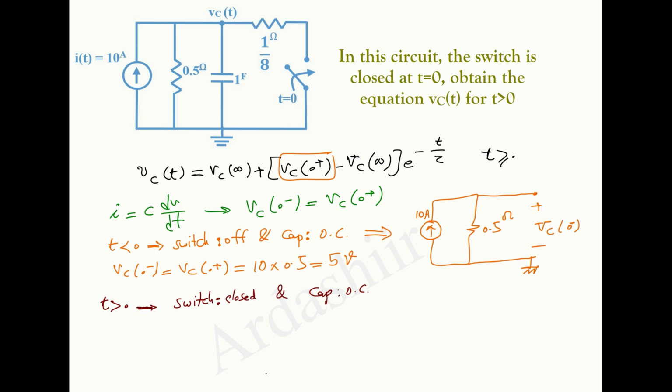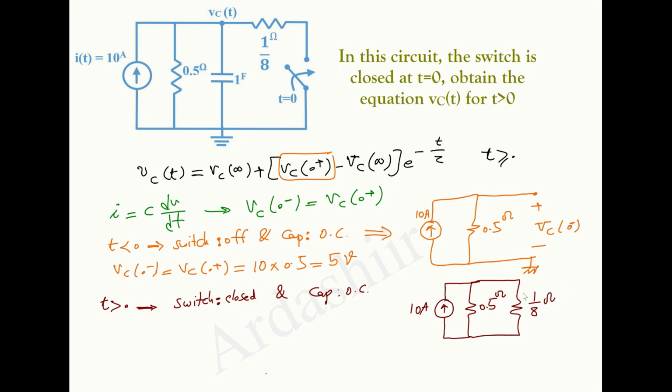And the equivalent circuit will be as follows: a 10 ampere current source, a 0.5 ohm resistor, and the capacitor is open circuit, and also the switch is closed, so we have a 1 over 8 ohm resistor too.